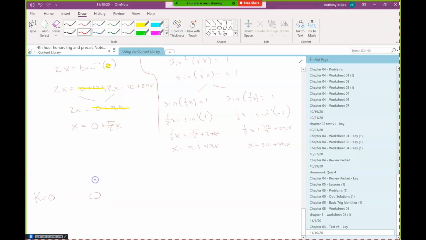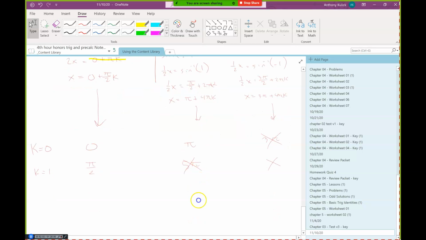So when k equals 0, this one gives me 0. This one gives me 3 pi, but that's too big already, because our interval is from 0 to 2 pi. When k equals a half, I get pi over 2. Then I get 5 pi, that's too big. On the next one, I get pi.